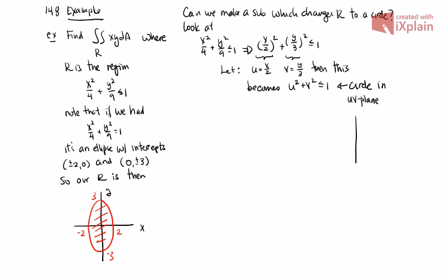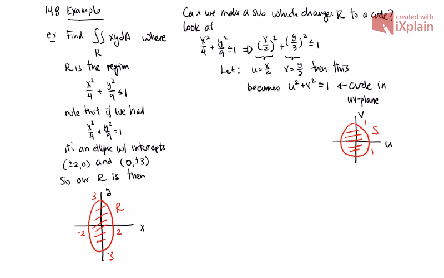That would look like this, redrawn in red: a circle of radius 1. That is our S. This back here on the lower left was our R. S is much nicer than R because it's circular.